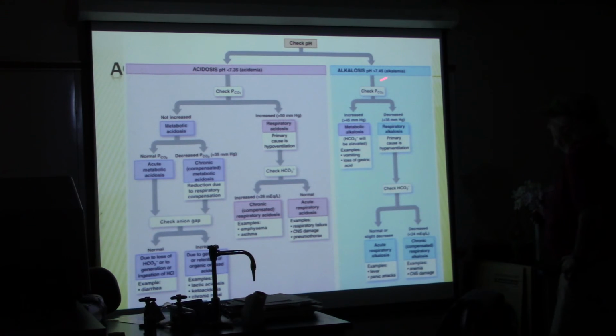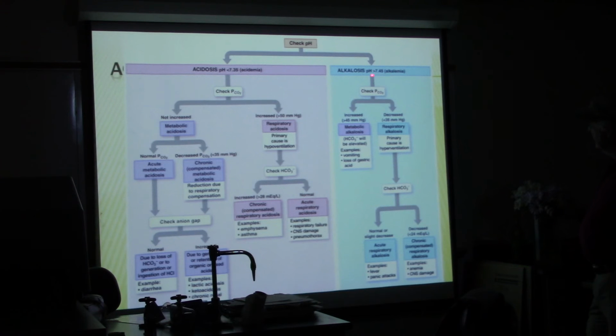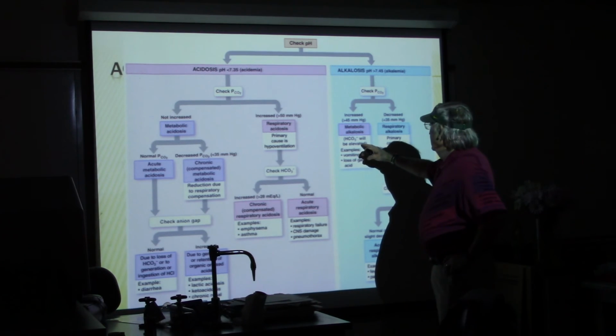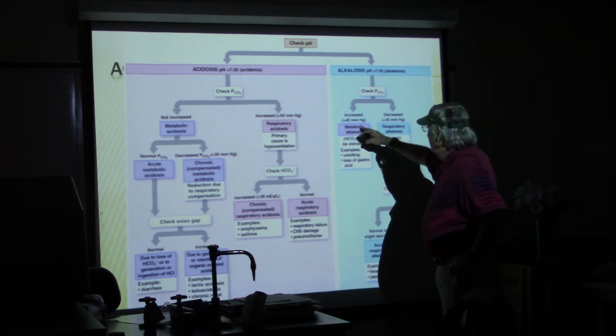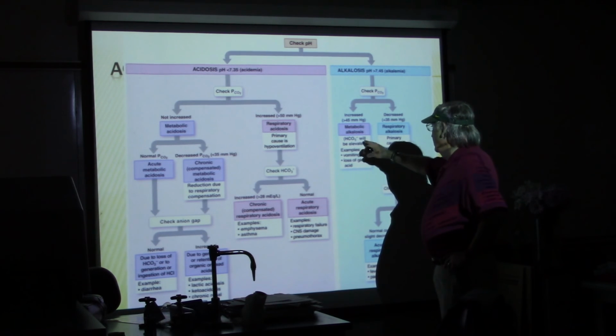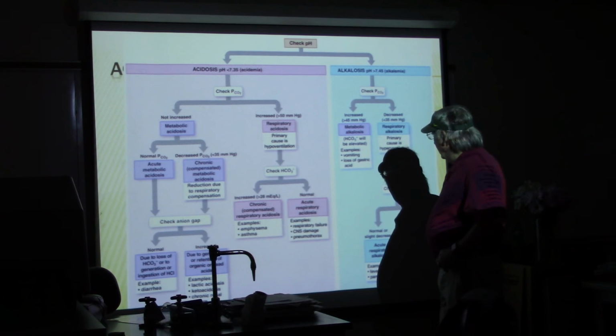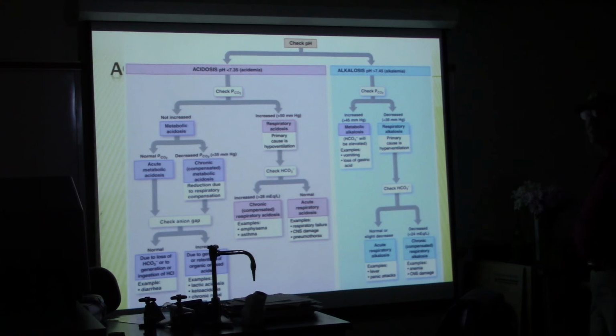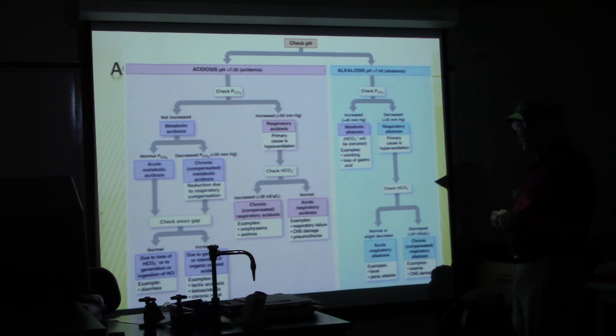Let's go over here and talk about alkalosis a little bit, although remember, alkalosis is much more rare than acidosis. The first thing you do if you have somebody that's alkalemic, with a pH above 7.45, is check their PCO2. And obviously, if it's increased, they have a metabolic alkalosis, bicarb will be elevated, and it could be caused by a metabolic problem, either vomiting or losing a bunch of gastric acid for one reason or another.